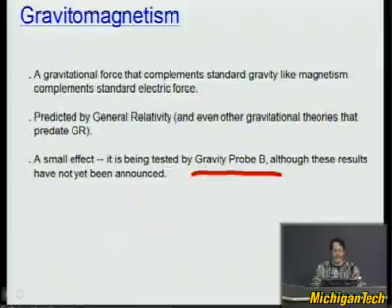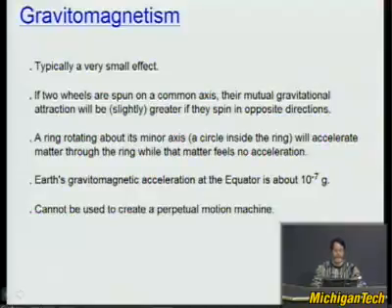However, it might be hard to tease the signal out of that. I think they're working hard to do that right now. This is typically a very small effect, whereas we use electricity to run appliances and things like that, and the electric force is much stronger per unit that we know of than the gravitational force. So the magnetic force is much stronger than the gravitomagnetic force. So it's actually a very small effect.